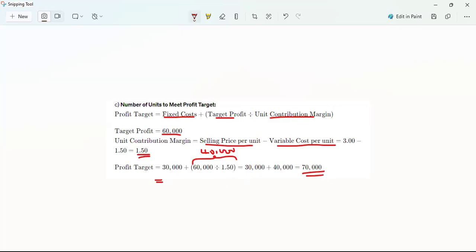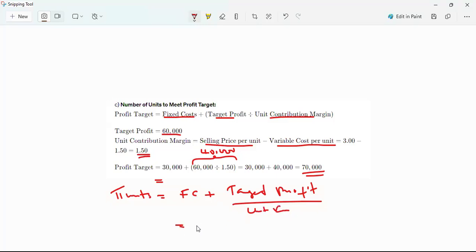Are we together? So we are being asked to calculate the number of units that are required to be sold in order to meet the targeted profit of 60,000. So we use the formula that the lady just gave us. So the number of units with the target profit will be fixed cost plus targeted profit over contribution per unit margin, or unit contribution margin.